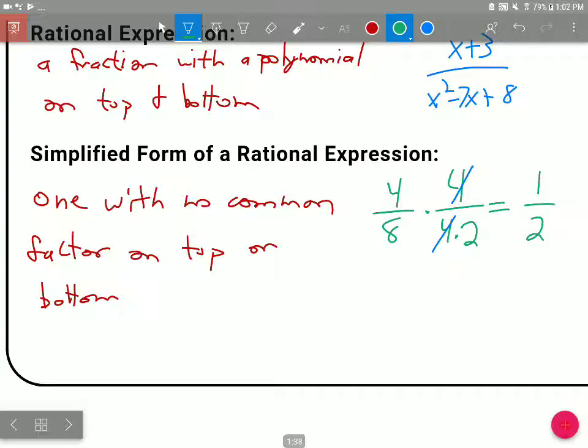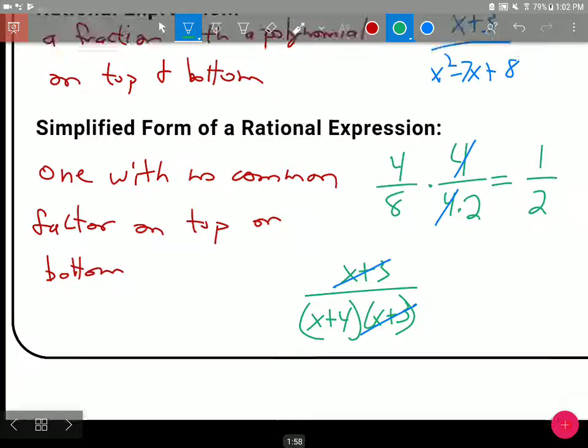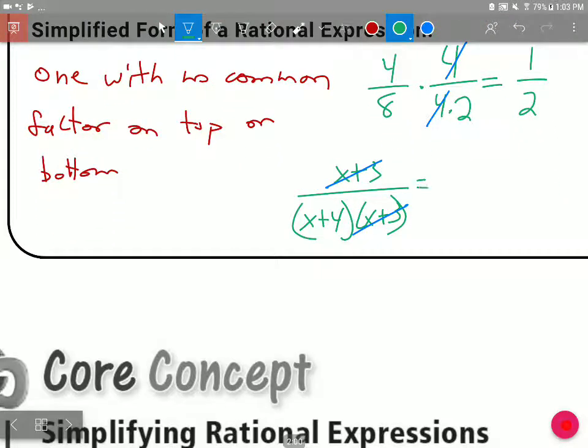The same thing is true with a polynomial. If I've got something like (x + 3) over (x + 4)(x + 3), we have the exact same polynomial on top and bottom, so we can cancel them out. And we're left with 1 over (x + 4).